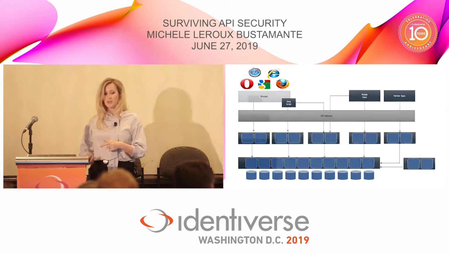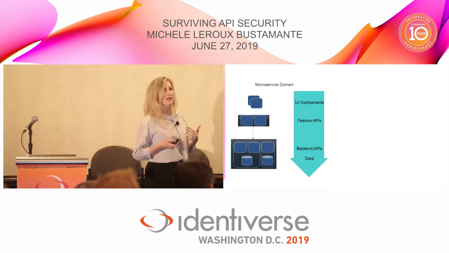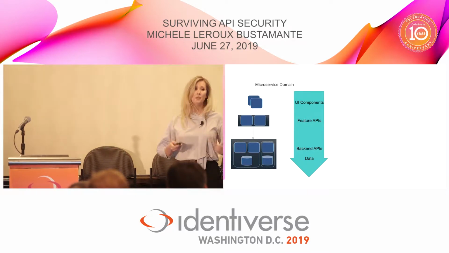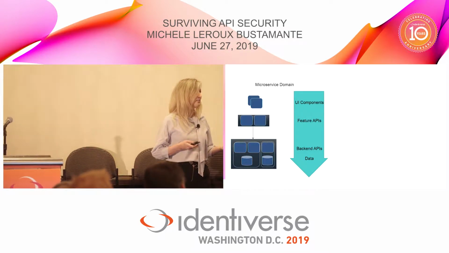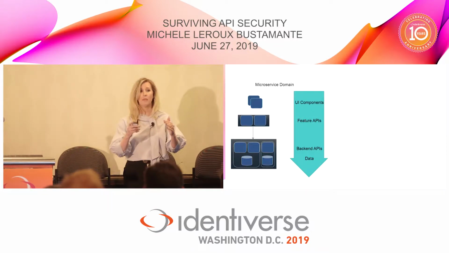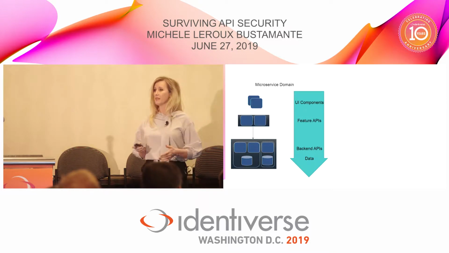But it's a little bit more strategic than that, because in a microservice world, we usually think about dividing your whole solution into domains. And domains are basically, the way we think about it is business capabilities, right?